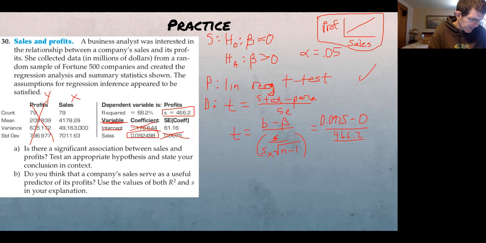So if I look at sales, here's the standard deviation, and I want this 7,011.63. And then the other part is my square root of n minus 1. The count is given in two different places here, but I've got 79 data points in the set. So it'll be 79 minus 1.